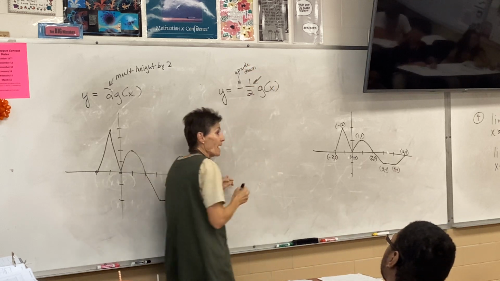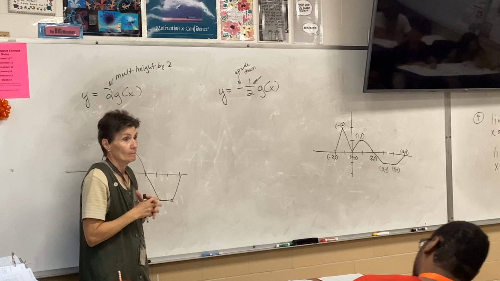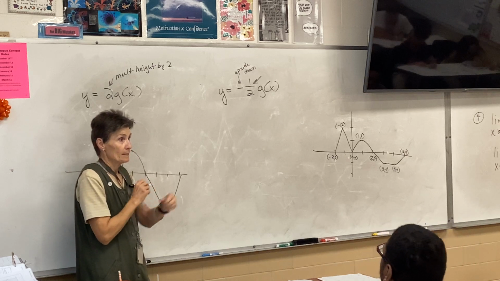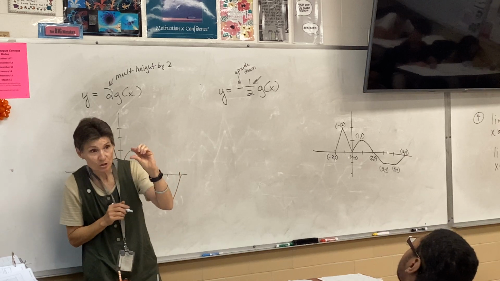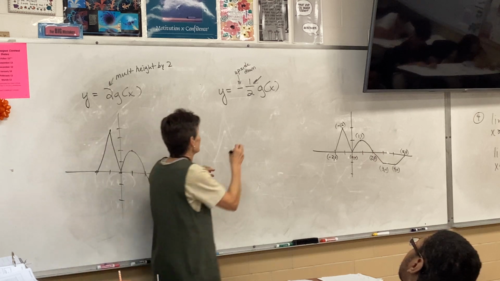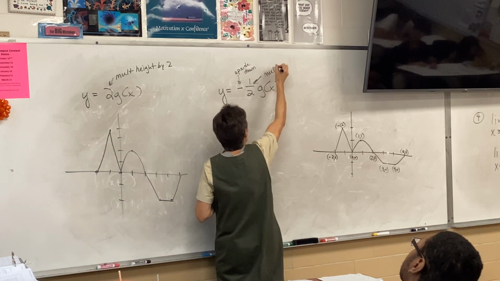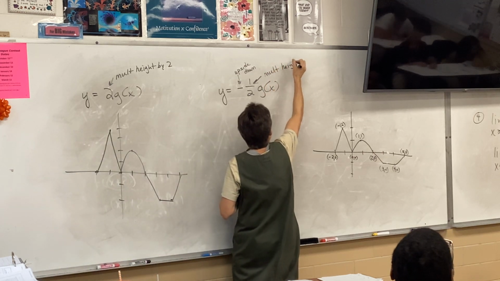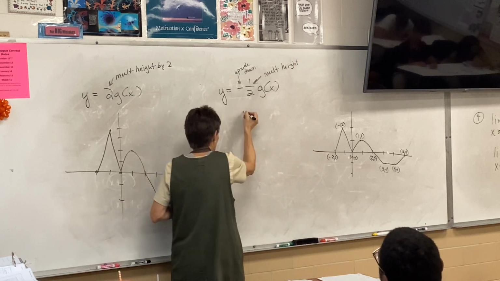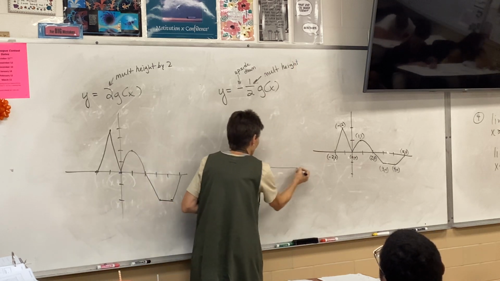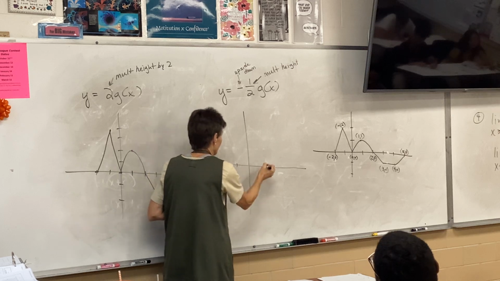Now, what is the 1/2 going to do? It's going to make the height half as much now. So here we go. Be careful. We got 2 things going on.